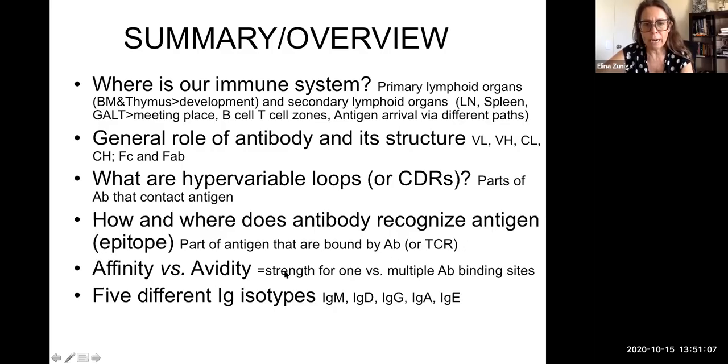We learned that the affinity is the strength of one antibody binding site, while the avidity is the strength combined by multiple antibody binding sites. And then we learned about specific functions and localization of the 5 different isotypes of immunoglobulins. Okay, so with that, we'll end the lecture.